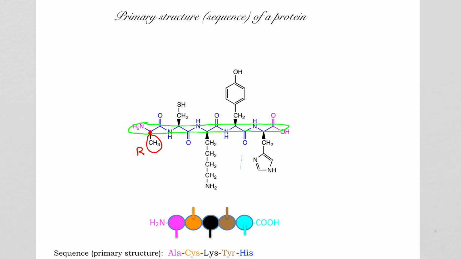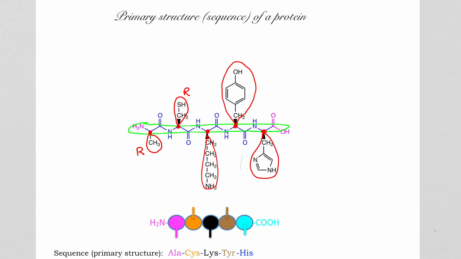And we'll talk about this later under amino acids. And here's the alpha carbon. Here is the R group of that amino acid, and so on. Here's the alpha carbon. Here's the R group. Here's the alpha carbon. Here is the R group. Here is the alpha carbon. Here is the R group.